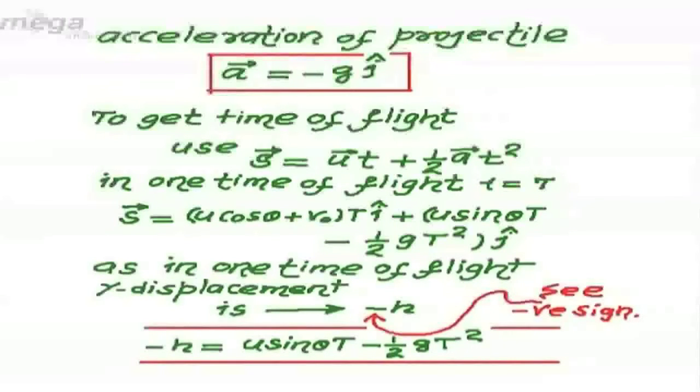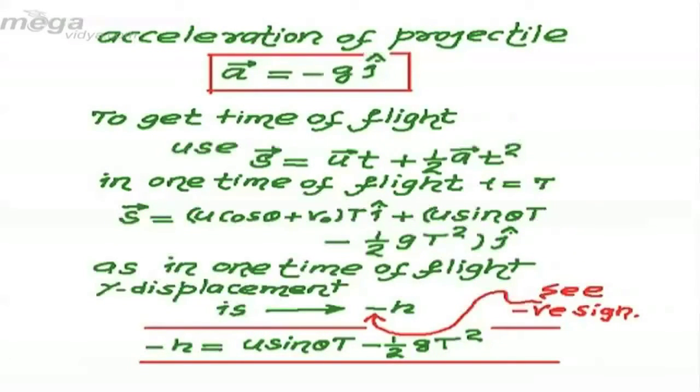So, in one time of flight the y displacement is minus h. Here note the sign minus, because the y displacement in one time of flight is equal to minus h. We get an equation, the solution of which leads us to the time of flight.